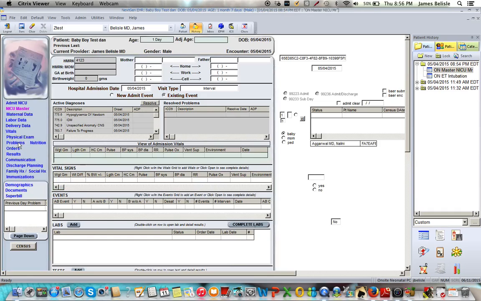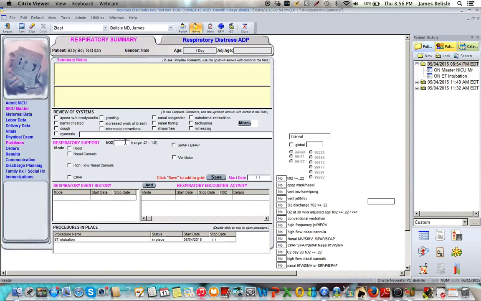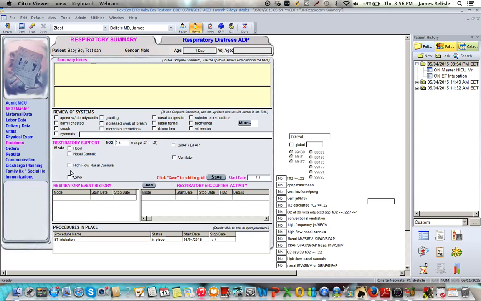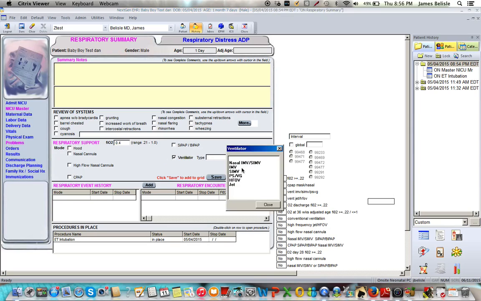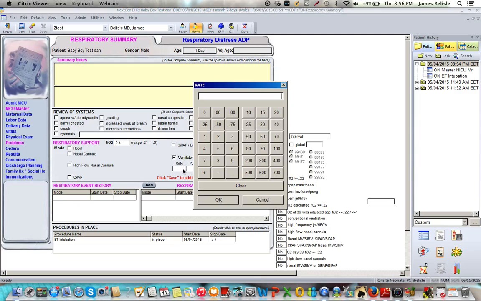Again, you want to put your problem here. Was probably respiratory, and don't forget again to put in all this information here when you do respiratory support. He's going to be on a ventilator, and he's going to be on SIMV, and we're going to give him a rate of 20 and pressures of 18/5.